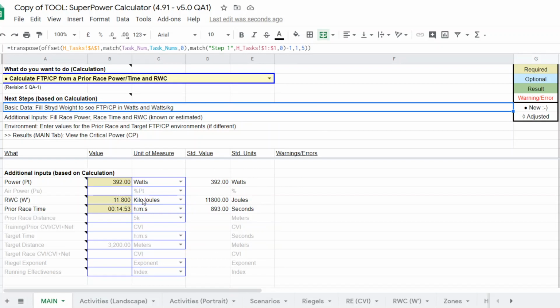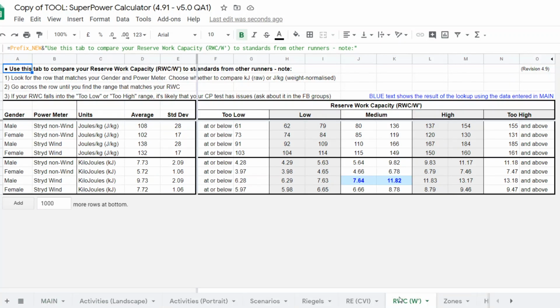So what we did is, based on the population data from some studies that we did, we know the mean and standard deviation of the reserve work capacity for male Stryd Wind Pod users, a mean of 9.73, standard deviation 2.09, which gives you a range, this medium range right here.